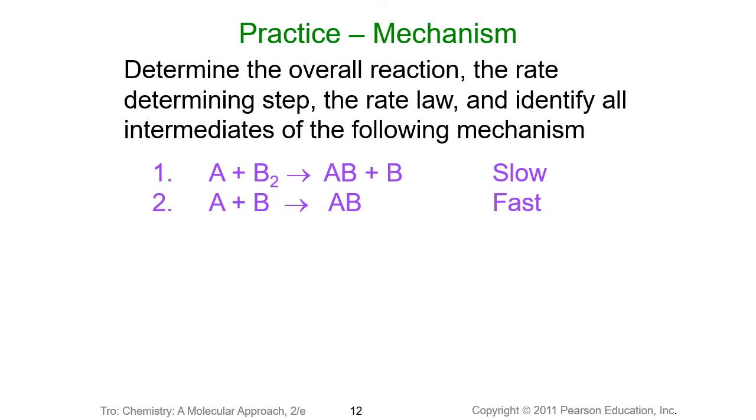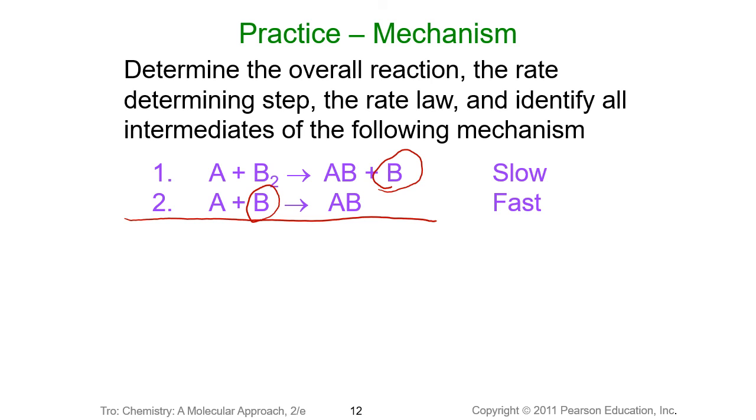See if you can determine the overall reaction, the rate determining step, the rate law, and see if there are any intermediates in the following mechanism. Pause the video while you look at this problem. If we want to determine our overall reaction, we're going to cancel anything that is the same on opposite sides of the arrow. So in this case, we have B's on either side of the arrow.